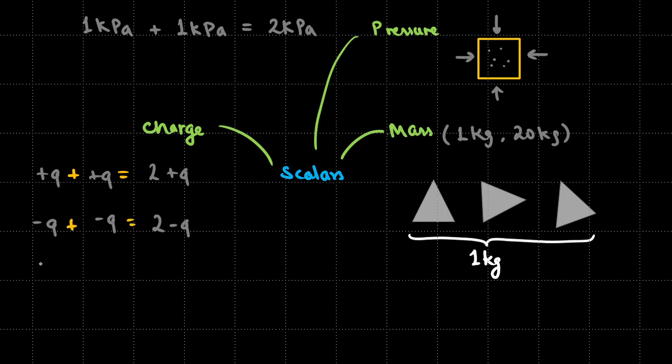But if you add a positive charge with a negative charge that has the same magnitude, which means they are equal charges but just opposite in sign, you will actually get a net 0. So I think this is pretty simple. Even though this might look simple right now, it gets confusing when you actually learn about charges. It's much easier to understand this when you have not learned about charges.